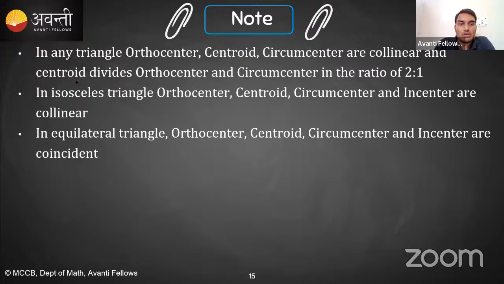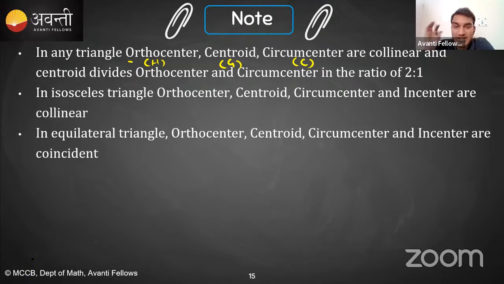One important note: in any triangle, the orthocenter, centroid and circumcenter are collinear, and the centroid divides the line joining orthocenter and circumcenter in the ratio 2:1.